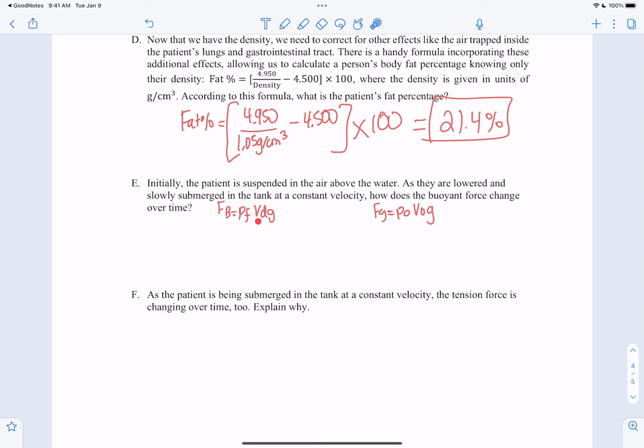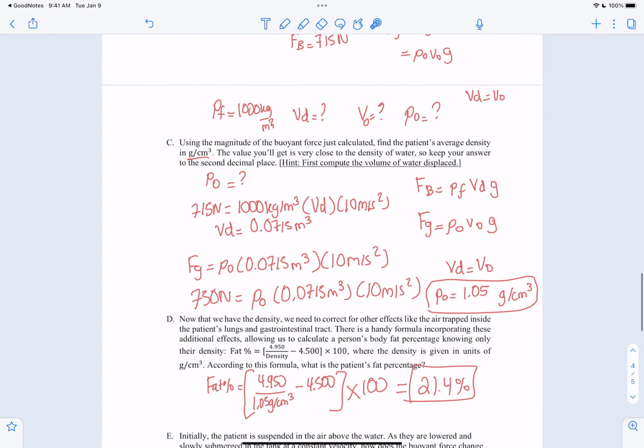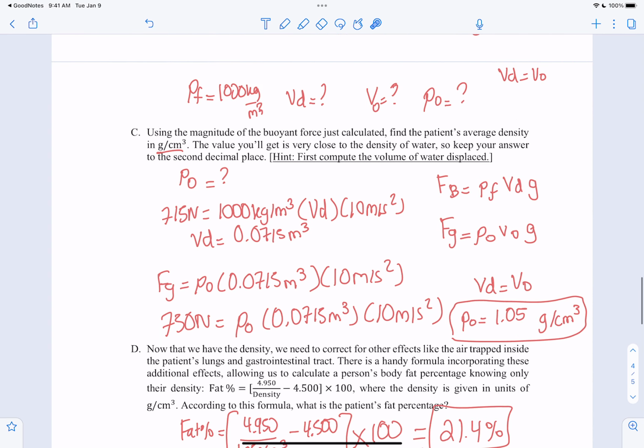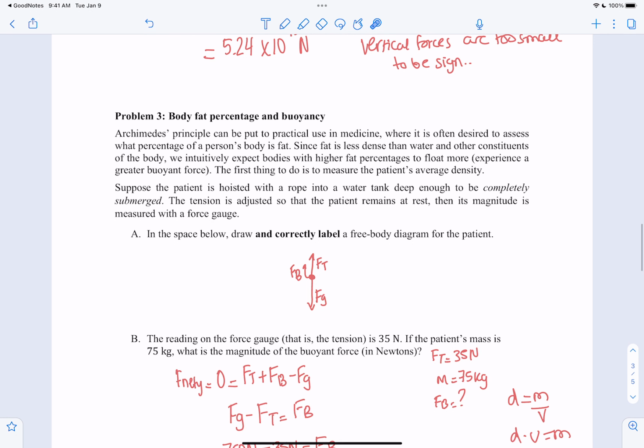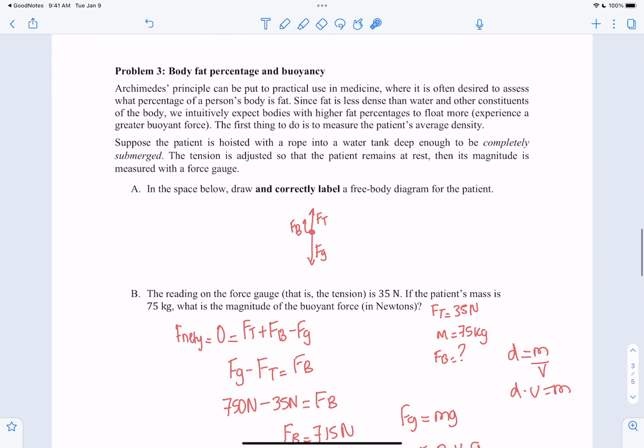Once they're fully submerged, the volumes are equal, but the fluid and the object densities might not be. But the problem said the patient's average density is going to be really close to the density of the water, I think. I can't remember.